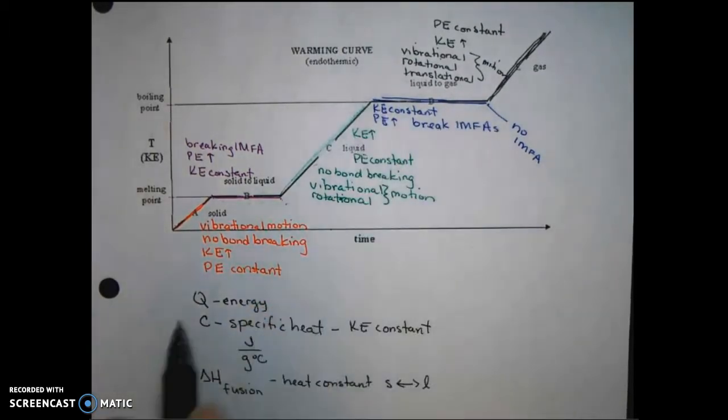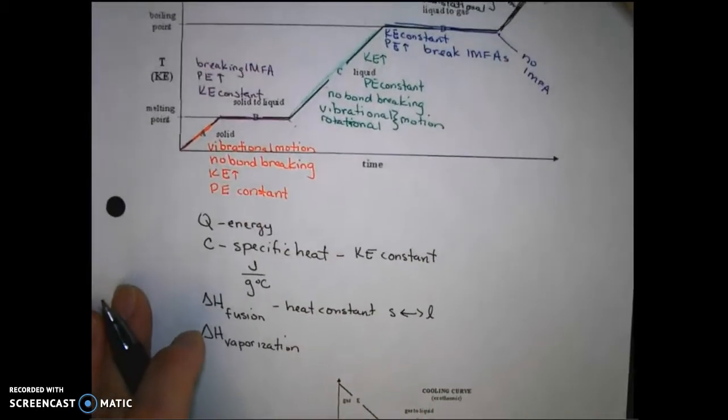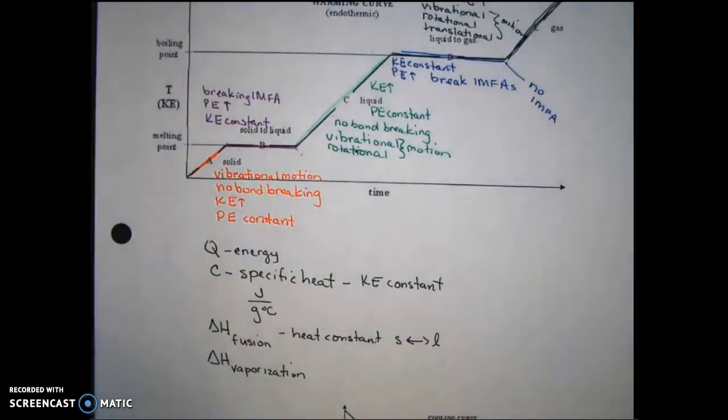The upper one is called the heat of vaporization because we're turning it into a gas. So the heat of vaporization is the heat constant that you're going to use, and again, it's a numerical value when you're taking something from a liquid to a gas or vice versa.